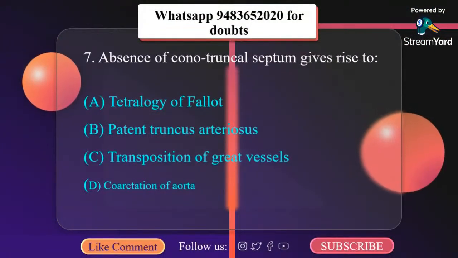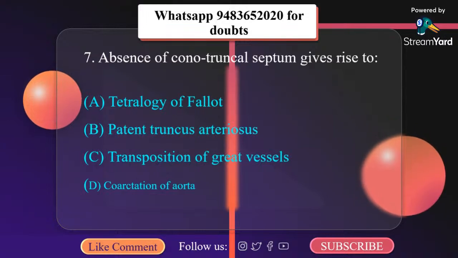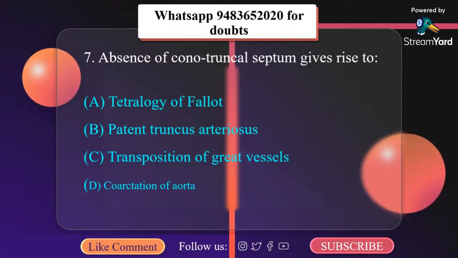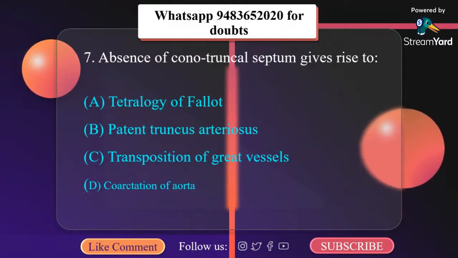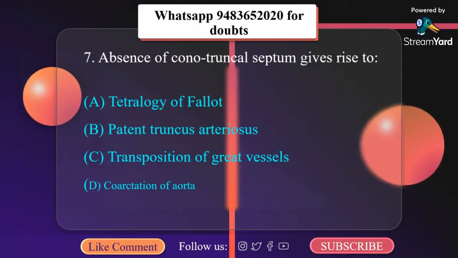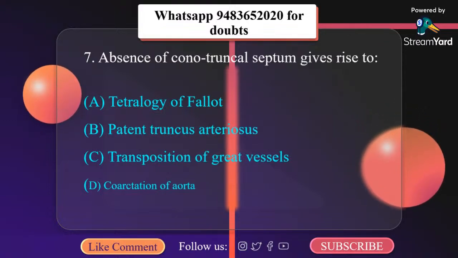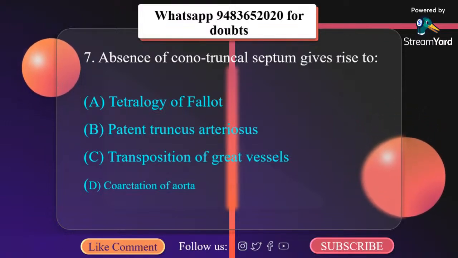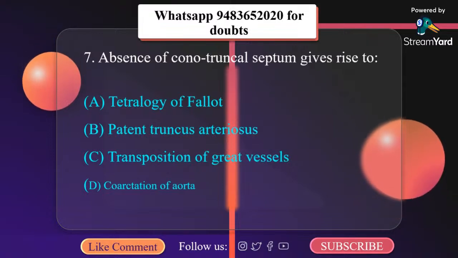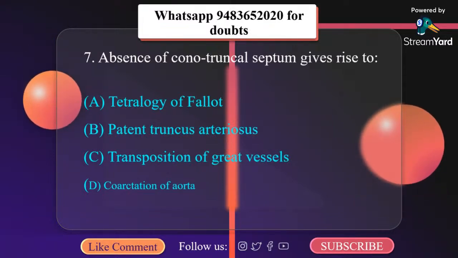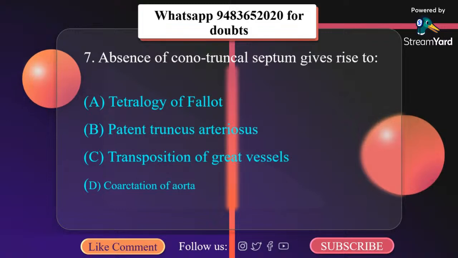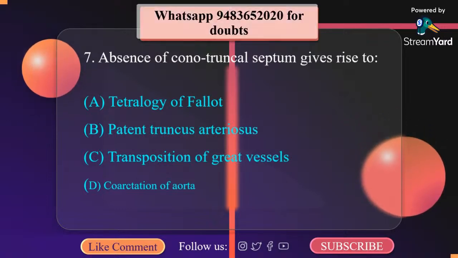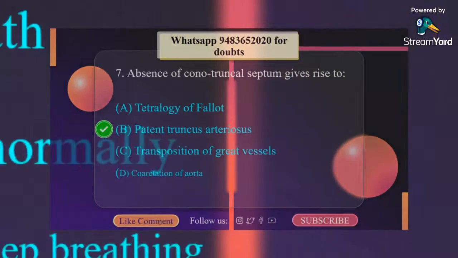Absence of conotruncal septum gives rise to A. Tetralogy of Fallot, B. Patent truncus arteriosus, C. Transposition of great vessels, D. Coarctation of aorta. The absence of conotruncal septum gives rise to patent truncus arteriosus.